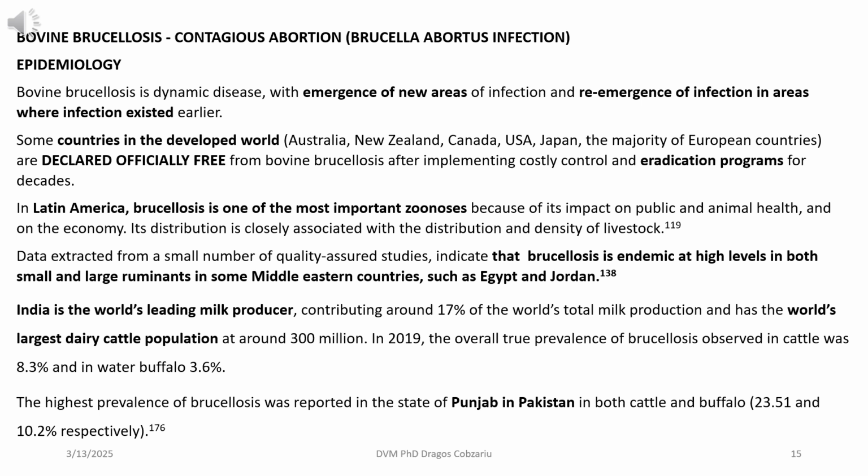India is the world's leading milk producer, contributing around 17% of the world's total milk production and has the world's largest dairy cattle population at around 300 million. In 2019, the overall true prevalence of brucellosis observed in cattle was 8.3% and in water buffalo 3.6%. The highest prevalence of brucellosis was reported in the state of Punjab in Pakistan in both cattle and buffalo.